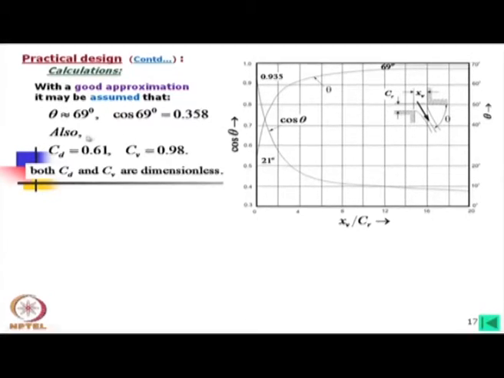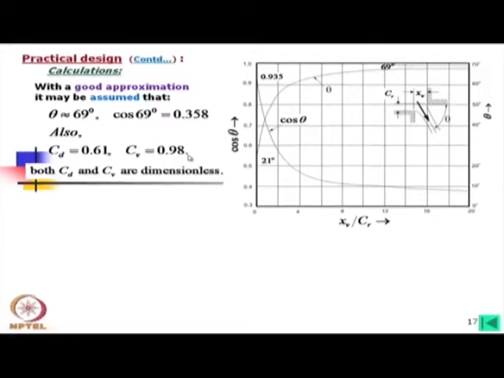Also CD we take 0.61, in some cases it is taken 0.62 or 0.6, very close to that, and CV is taken 0.98. What is CV? Velocity coefficient, that is taken 0.98.